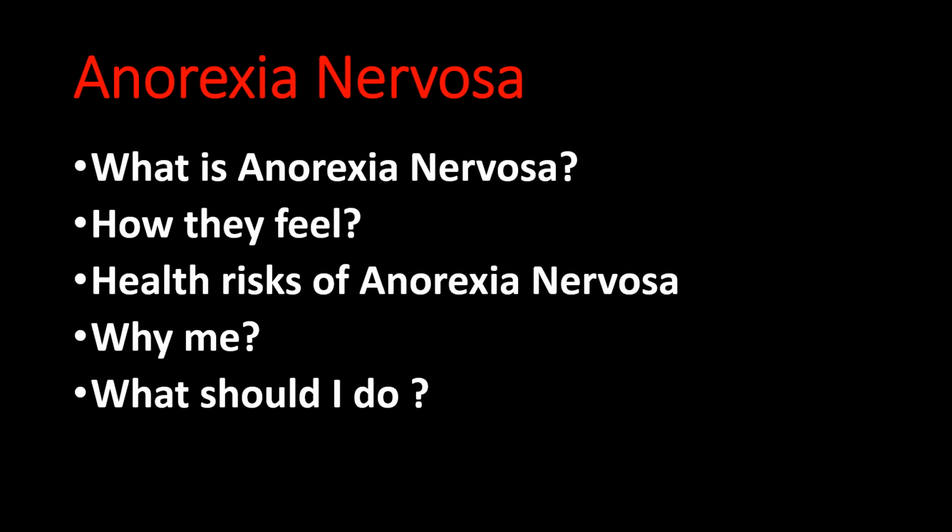Then you should explore what the reason is that she is refusing. Maybe she will say that she has to go with her friends. Maybe she will tell you that she is fine, she doesn't have any problem, it was just a fainting attack and she did not eat, that's why now she will eat.